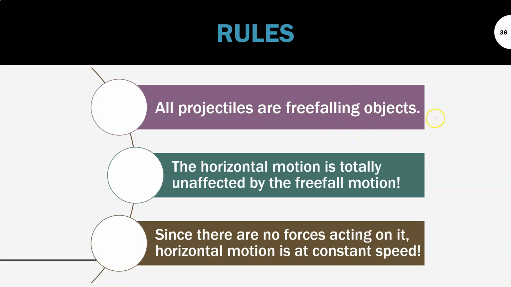First, you should consider all projectiles as free falling objects. Second, the horizontal motion, which is the x-axis, is totally unaffected by the free fall motion. Last but not least, since there is no force acting on it, horizontal motion is at constant speed. So the acceleration is equal to 0.